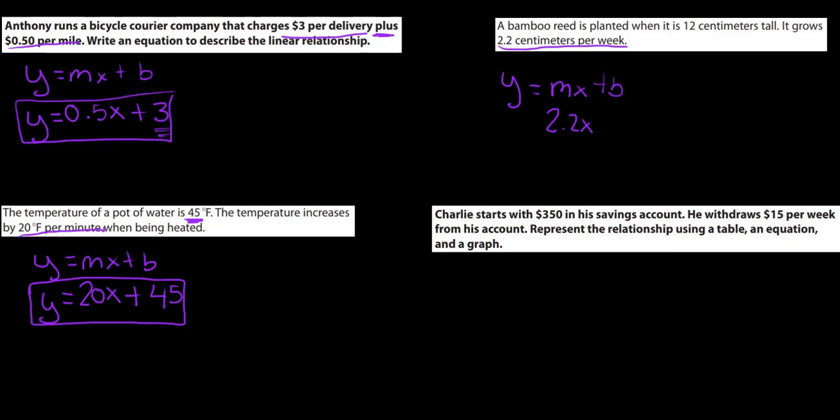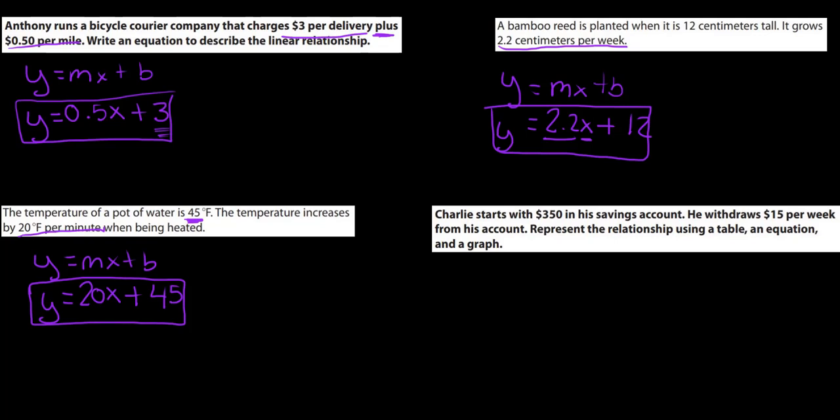It changes by 2.2 per x, per week. I know that it was 12 centimeters tall when planted, so that's its starting amount. I can't change that amount. Okay, so my formula is going to be y equals 2.2x plus 12.